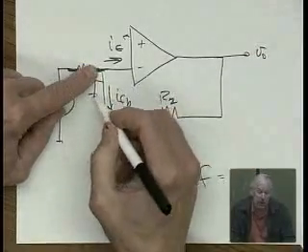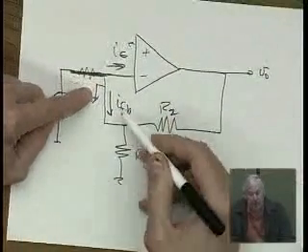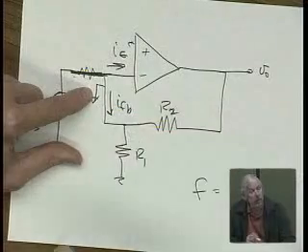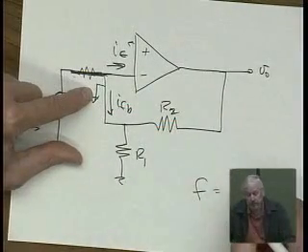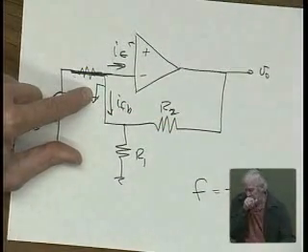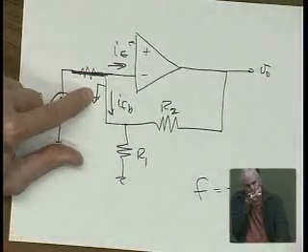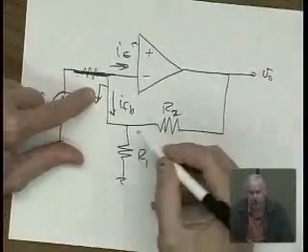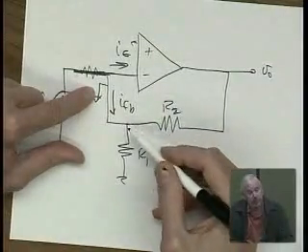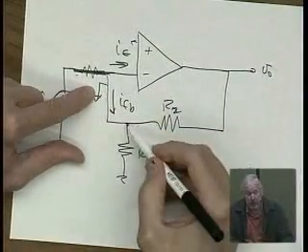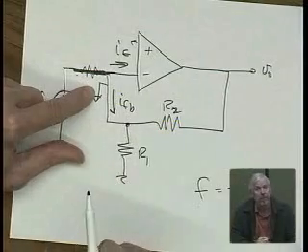So if I short this output right here, I feedback is going to be equal to what? Minus 1 over R2, right? The feedback factor is unaffected by where this R1 is down here.